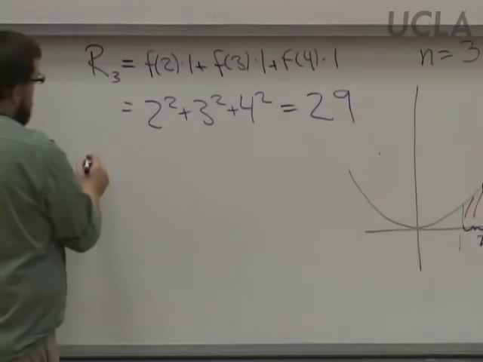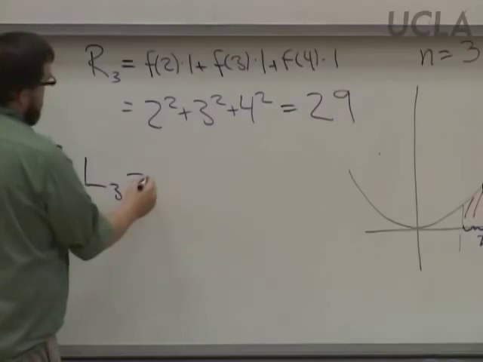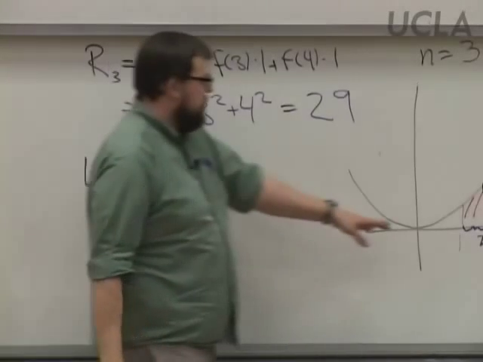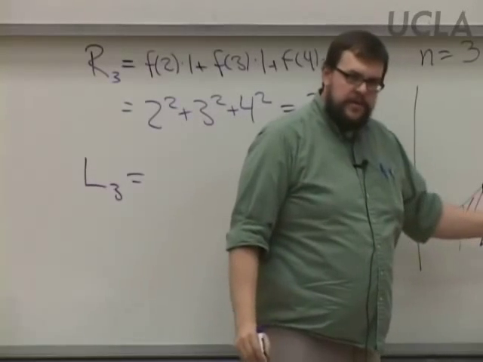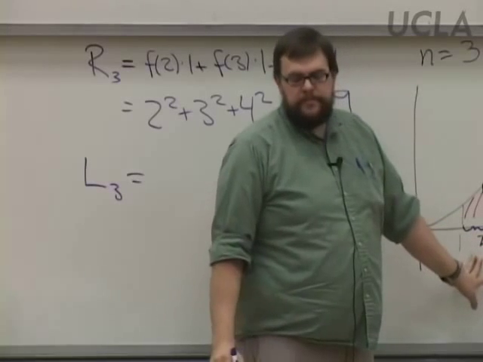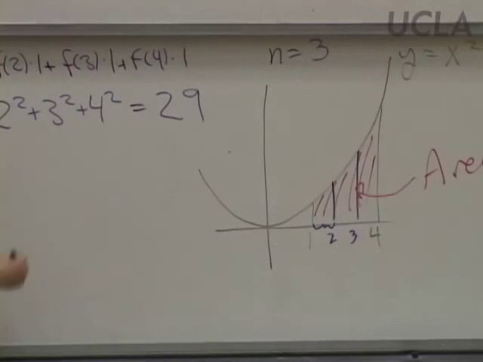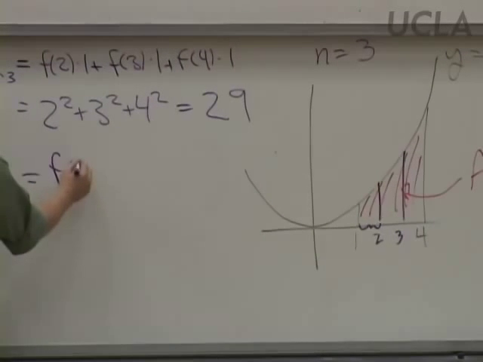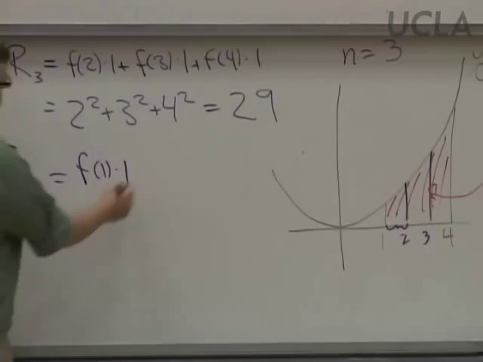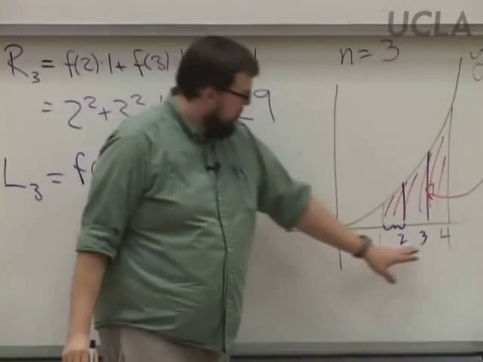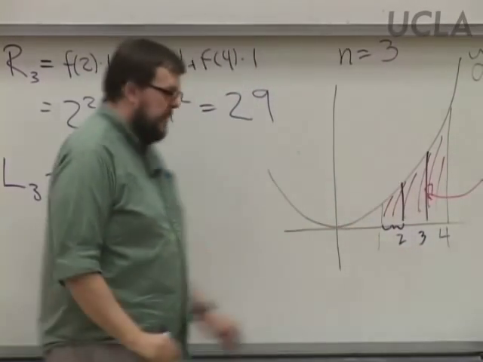Now what if I did L of 3? Well, we just basically do the same thing. We're going to go through each one of these intervals. So from 1 to 2, which one is on the left? Or where is the left? It's at 1. So for the first strip, I plug 1 in times my delta x. For the second strip, what do I plug in? 2, because 2 is on the left-hand side.